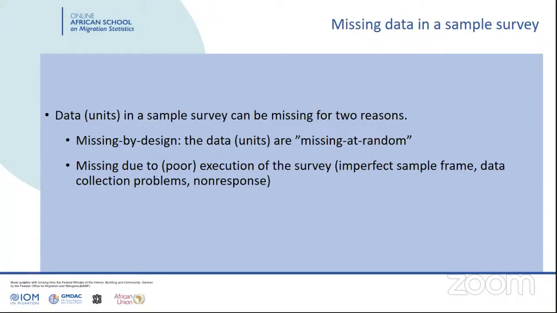And because we have selected them with a random procedure, there is no reason to believe that there should be any difference between these two groups, because each unit in the population could have happened to be in one of those two groups.